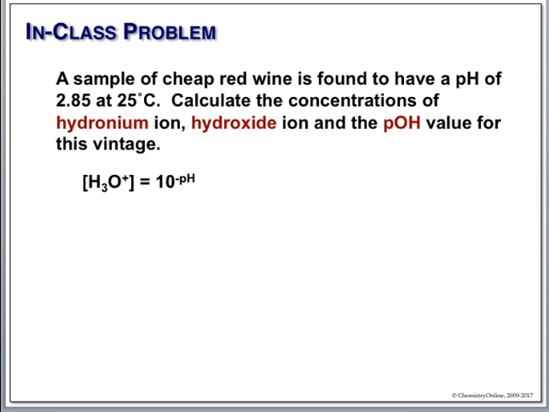We can also take our pH and calculate hydronium. To do hydronium, all you have to do is 10 to the minus pH. So you take your magic calculator, type in minus 2.85, hit 10 to the x, and with any luck, you would get about 1.4 times 10 to the minus third.